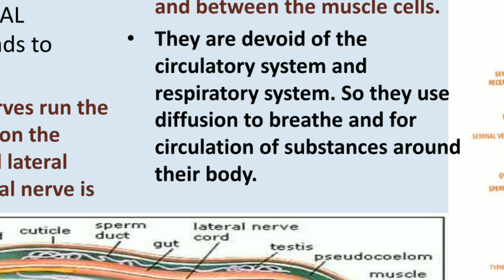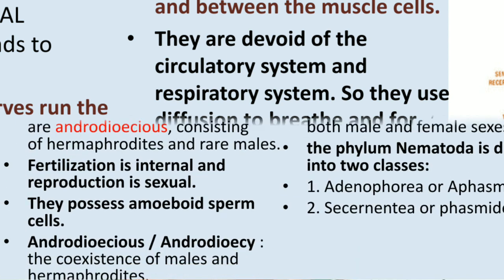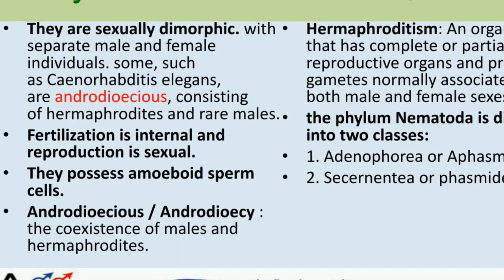So the process of diffusion is used within their body, so every part of the body, or every cell, gets the nutrition and also the gases. These organisms are sexually dimorphic. They are separate in their sex, male and female.